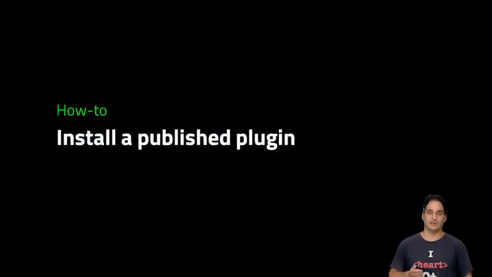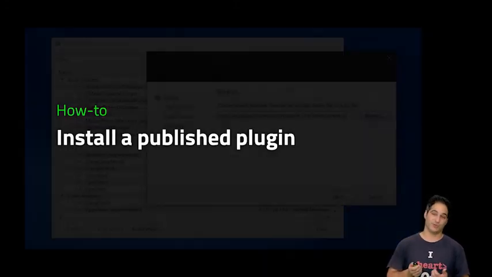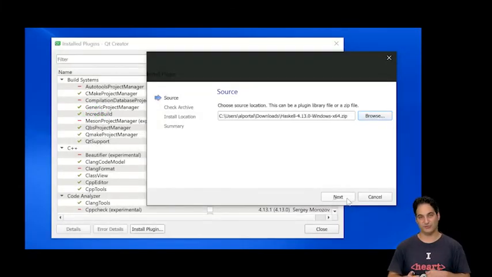Very easy. Now, how does a user who wants to use your plugin, who goes to GitHub and sees the releases, install that plugin on their machine? So it's very easy. Download the zip package and go to the plugin dialog in Qt Creator. And on the bottom, there's now that new button that's called Install Plugin.